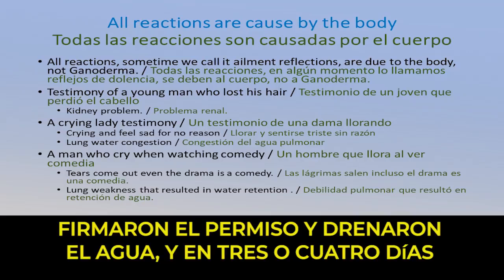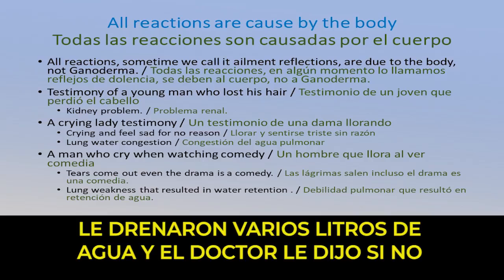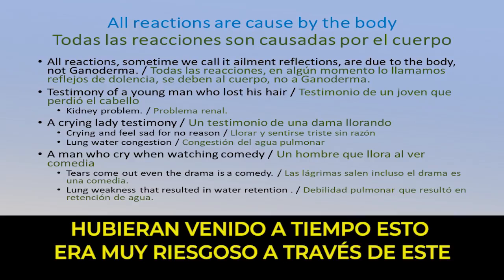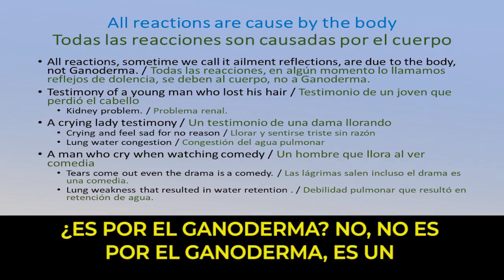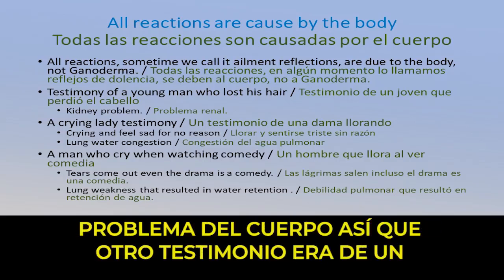In 3 to 4 days they drained out a few liters of water, quite a lot. The doctor told them that if they had come late, it could have been very risky. So through this testimony, we know she had a lung problem. Is that due to Ganoderma? No, it's not due to Ganoderma. It's the body problem.